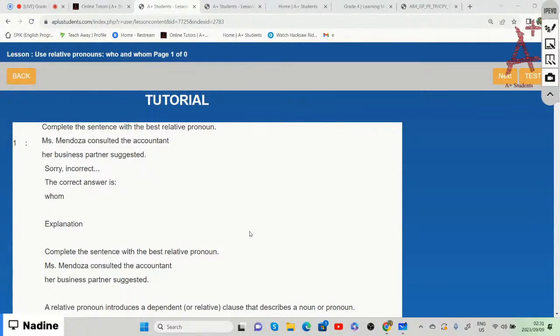So we need to choose the correct relative pronoun. Are we going to choose who her business partner suggested, or whom?